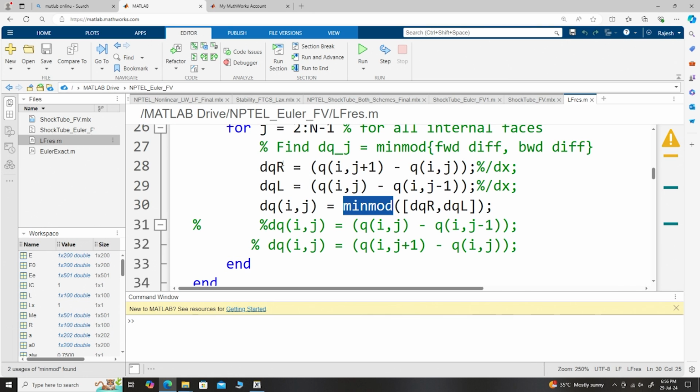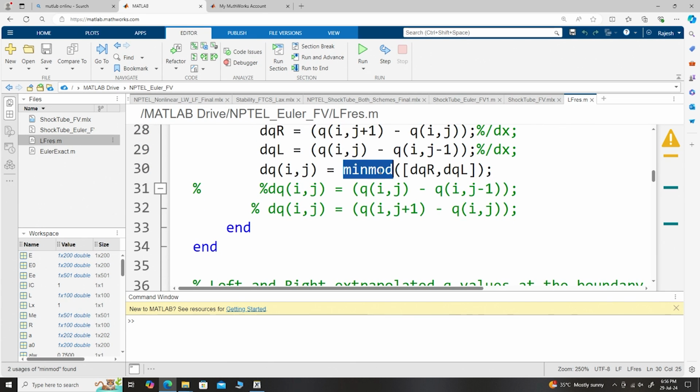What it will do is consider the gradients from both sides and give you a unique gradient here from the minmod limiter. I will show what happens if you just take either the forward difference or the backward difference without considering the limiter. Right now I am using a limiter. We have constructed a value from the left, a value from the right, and we got one unique value.